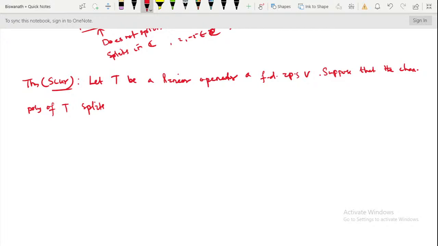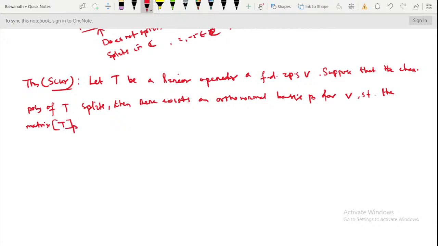Suppose that the characteristic polynomial of T splits, then there exists an orthonormal basis beta for V such that the matrix of T with respect to beta is upper triangular.